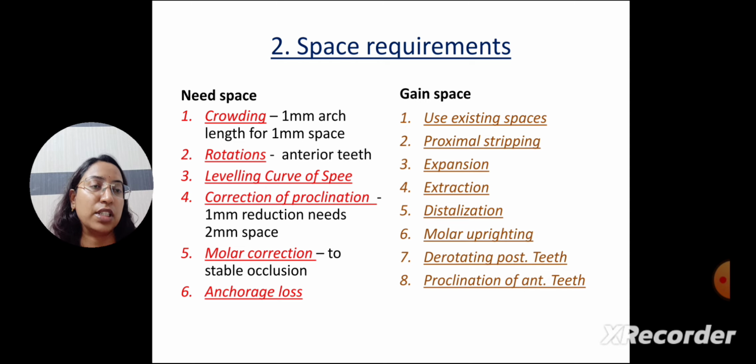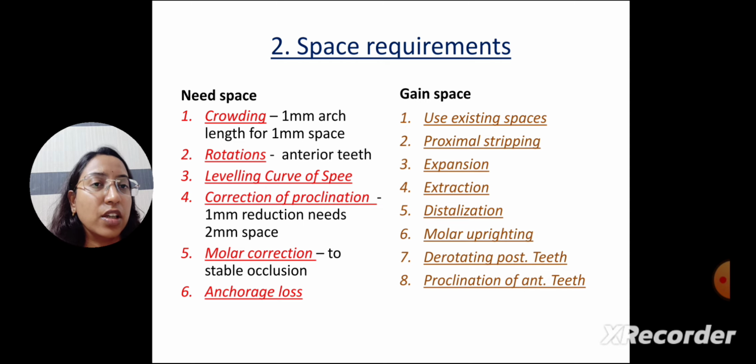Derotation of posterior teeth: posterior teeth when rotated take up more space, and when we correct it, we get excess space in the arch. Similarly, proclination of anterior teeth will also give us space. Why? Because when we procline the teeth, they take up a larger circumference and there is an increase in arch length, both of which contribute to an increase in space.